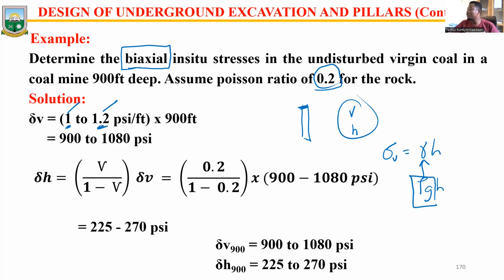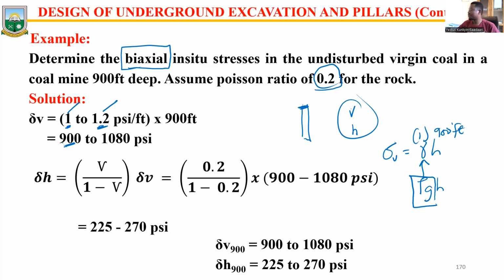So you only pick your formula. Sigma V is equal to gamma H, and you first substitute the value of 1 here, and you have your 900 feet. And there is the answer.